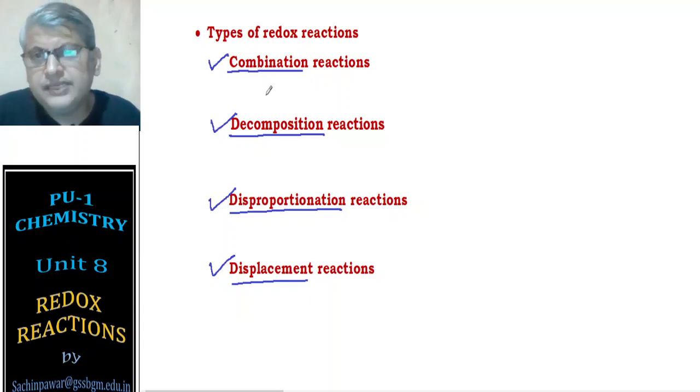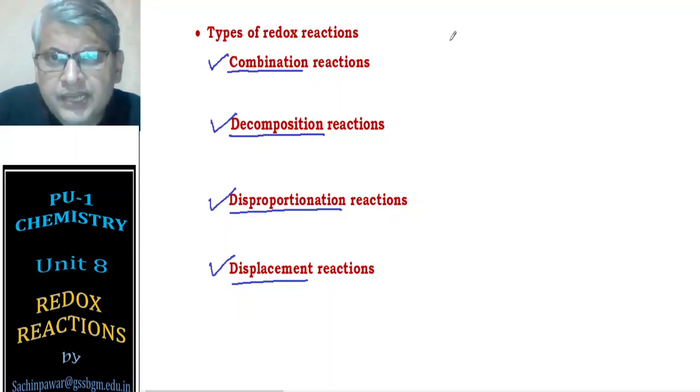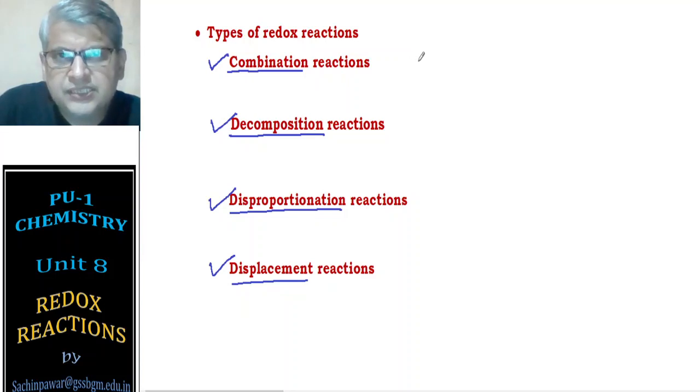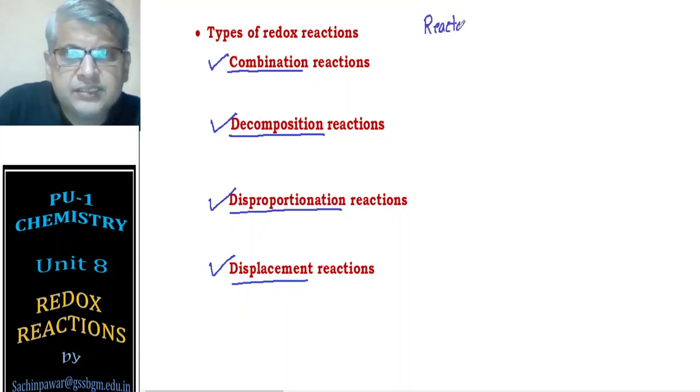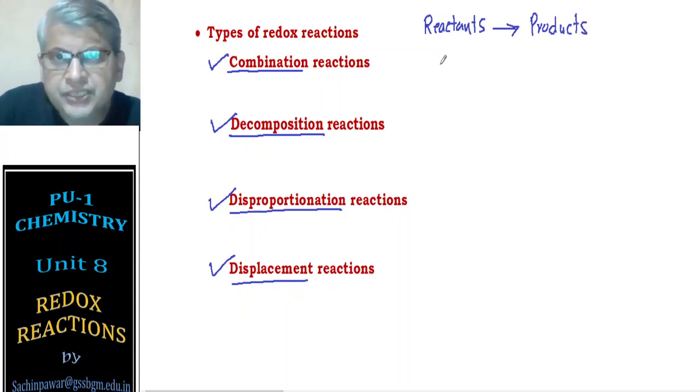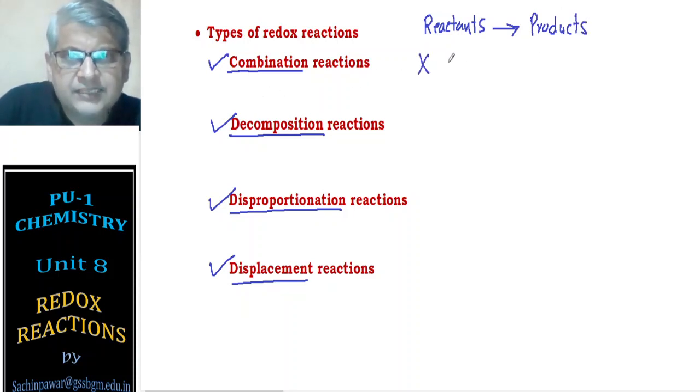What is a combination? Suppose a reaction is taking place; reactants react with one another to form products, that you already know. When I say combination, suppose a reactant X combines with reactant Y to form XY.